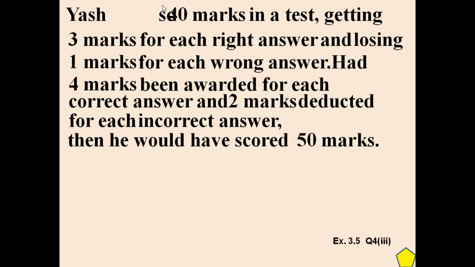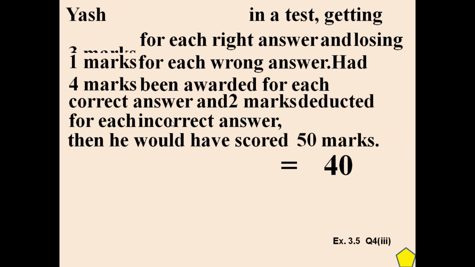The total score is 40 in case 1. If the right answers are x in number, he gets 3 marks for each right answer. So total marks from the right answers is 3 into x.